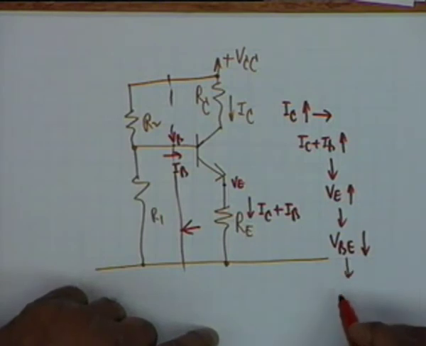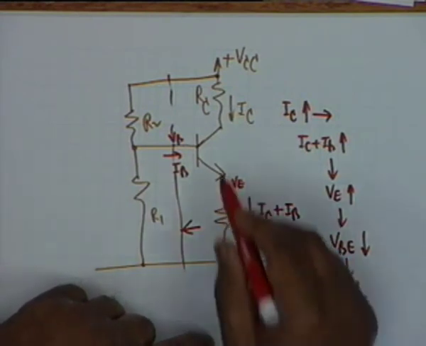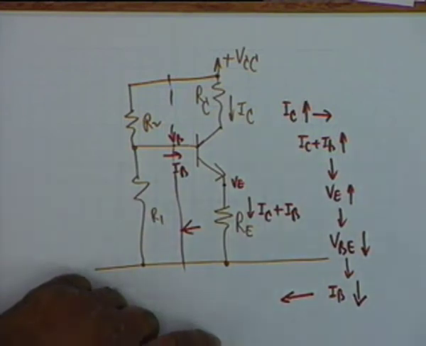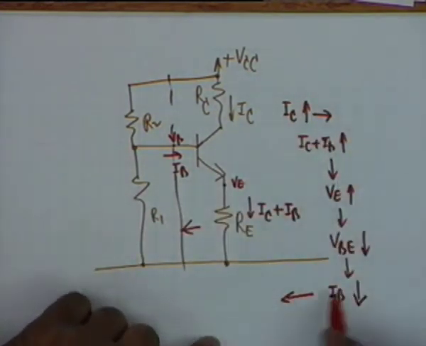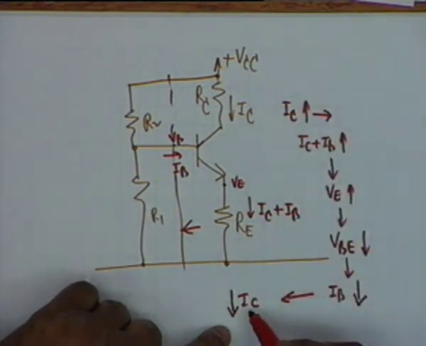If VBE decreases, what happens? I sub B. If the diode voltage decreases, I sub B decreases. And I sub C is nothing but beta times I sub B plus ICEO. So if IB decreases, then what happens to IC? IC decreases. You see, the increasing tendency of IC is arrested.